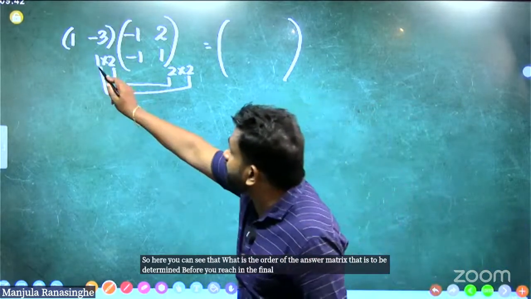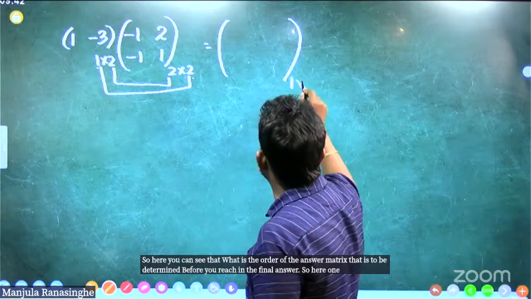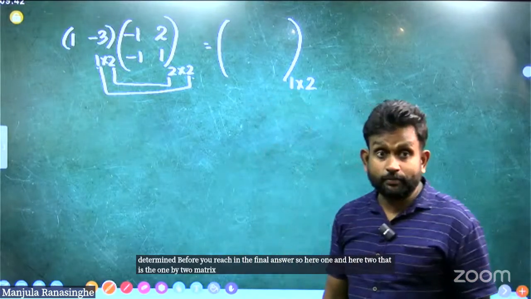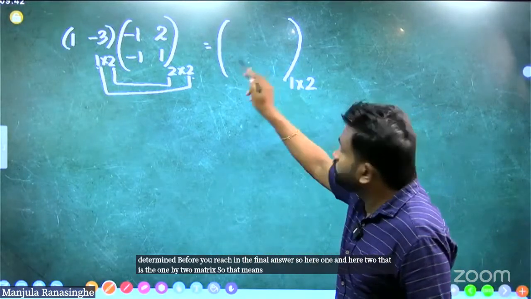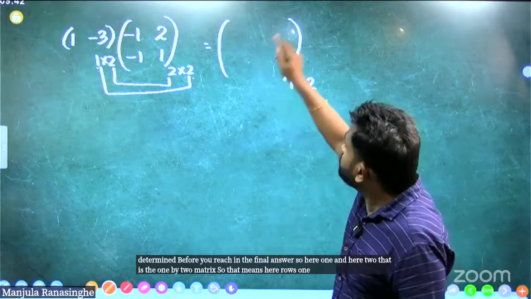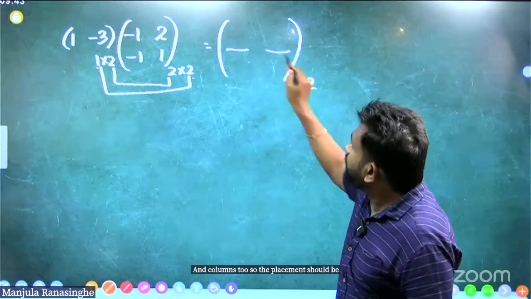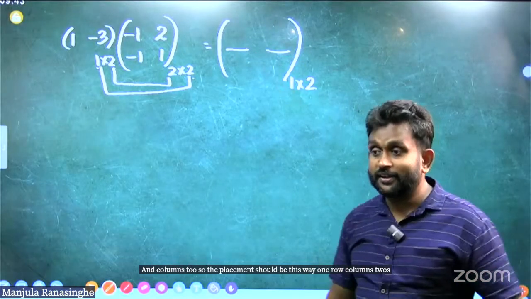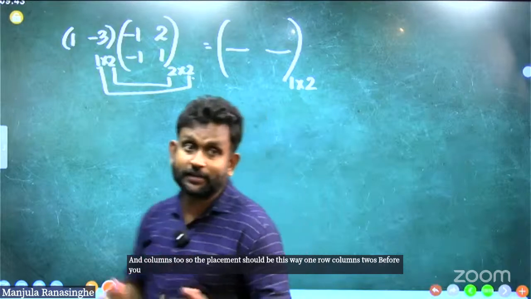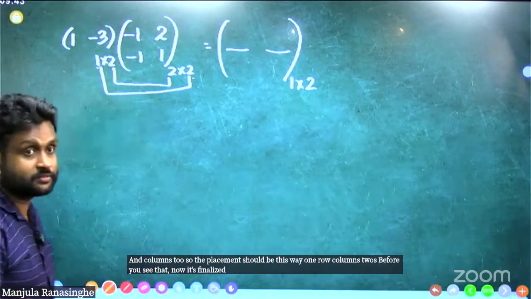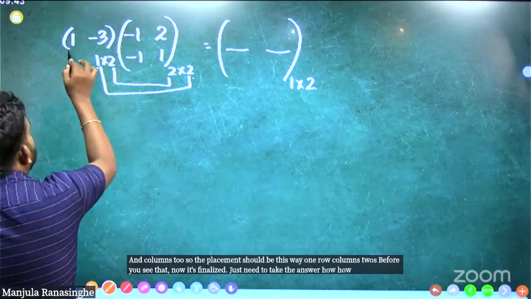So here 1 and here 2, that is a 1 by 2 matrix. That means rows 1 and columns 2. Now we just need to take the answer. How is the multiplication done, rows into columns.